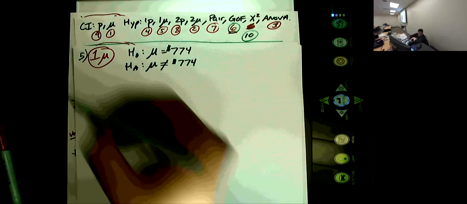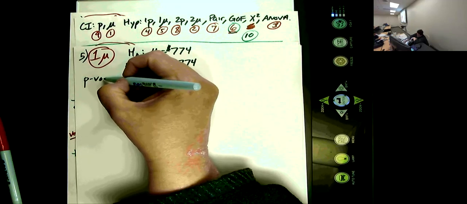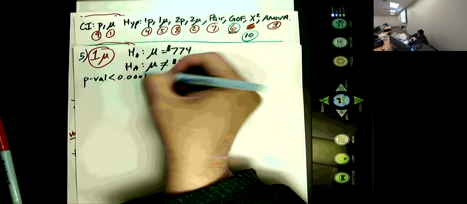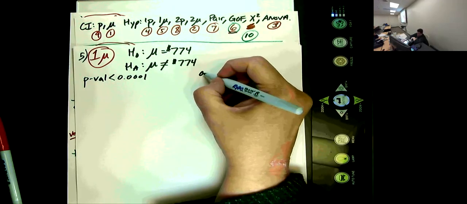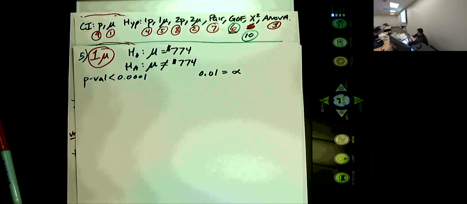It gives us a p-value of less than 0.0001. Couple zeros there. And alpha was 0.01 here. Oh, tricksy. Alpha changed up.